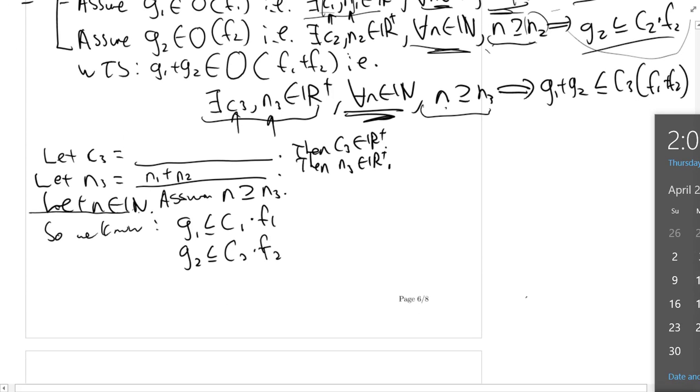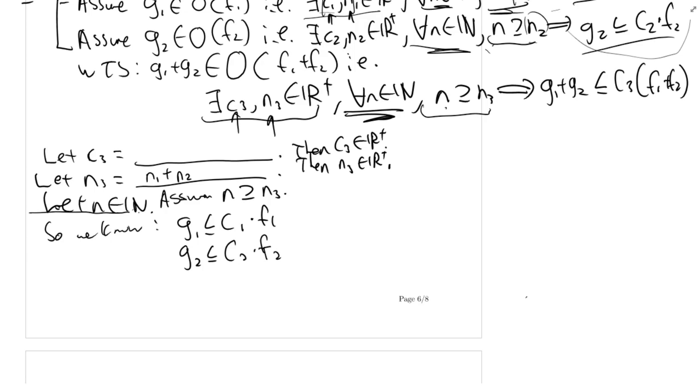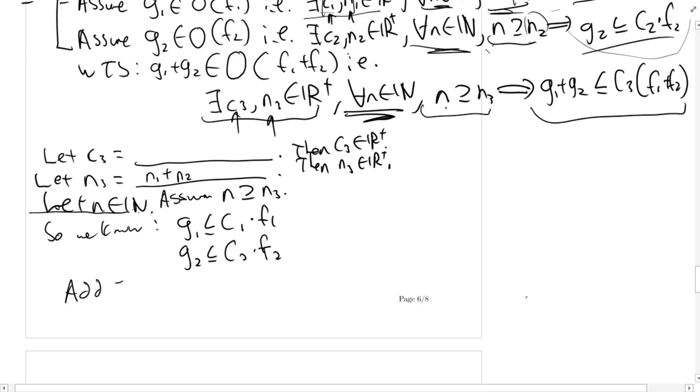Okay, so we take a look and we go, this is what we want. We can add these, each side to each. So we write add together. Then we have G1 plus G2 smaller than or equal to C1 times F1 plus C2 times F2. All right.